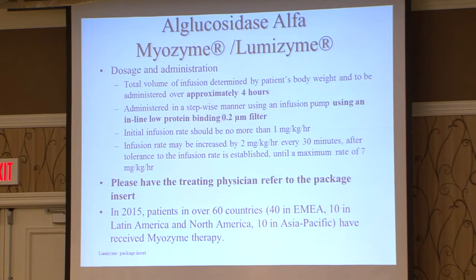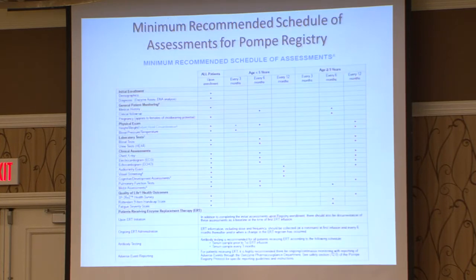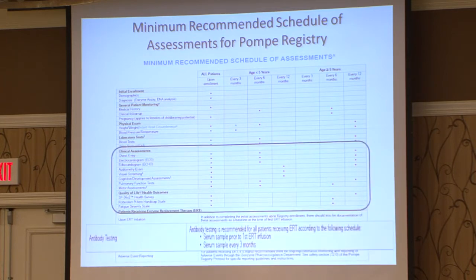Today we have patients in more than 60 countries who have received alglucosidase alfa therapy, and so I think these guidelines, as well as the package insert, can be extremely helpful. I also would strongly suggest looking at the minimum recommended schedule of assessments for the Pompe registry, because this again gives a lot of good information on how often certain tests should be performed.